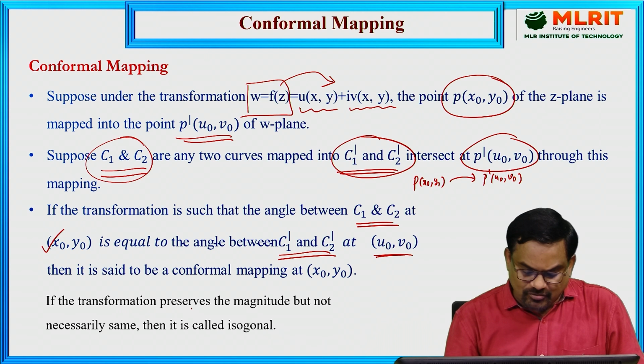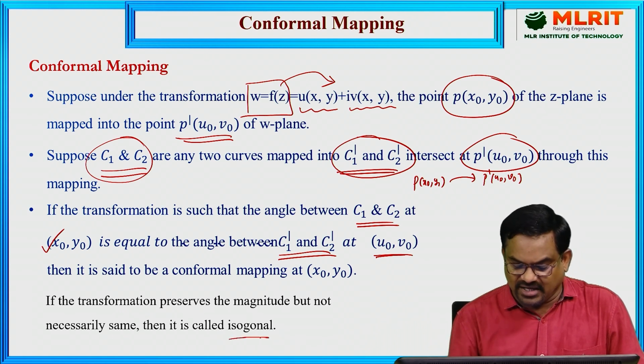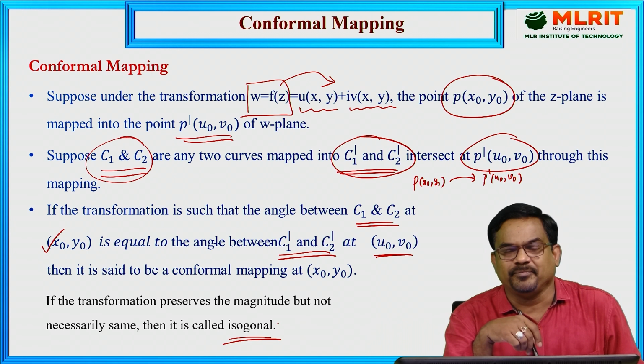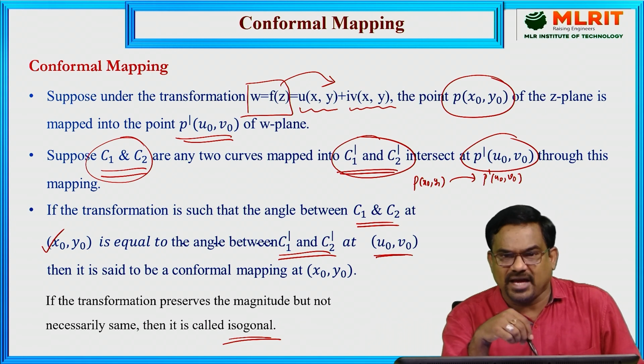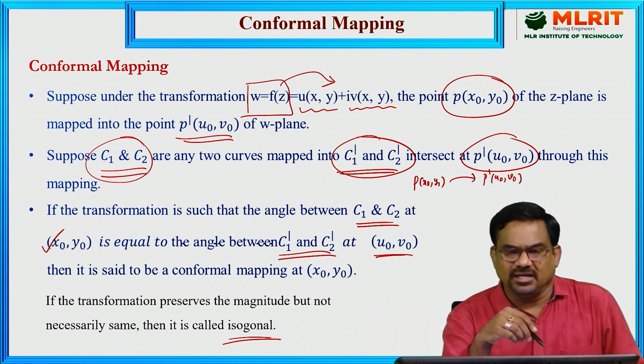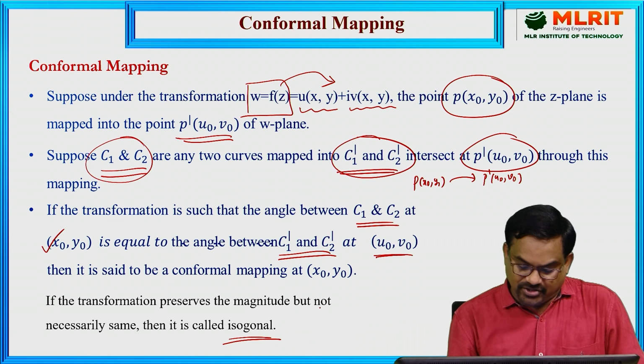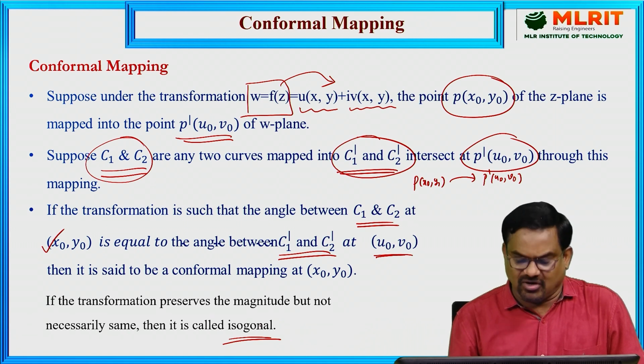And if the transformation preserves the magnitude but not necessarily the same sense, then it is called isogonal transformation.